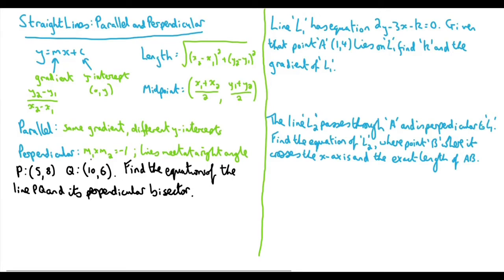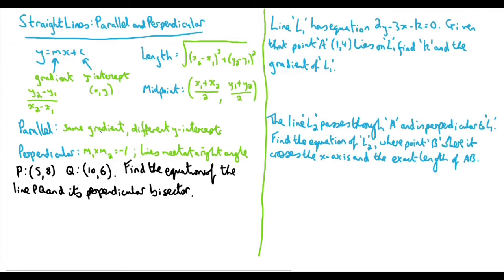So if you knew the gradient of one line, you could work out the gradient of the other by rearranging this: it would be -1 divided by whichever gradient you knew. Or, if you want to check if lines are perpendicular, if you multiply the gradients together, do they equal -1? Okay.